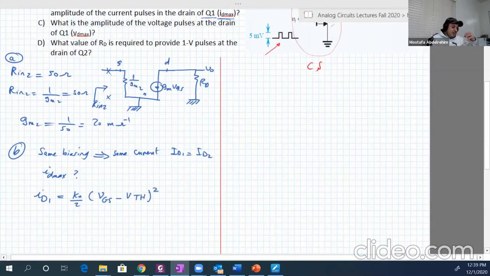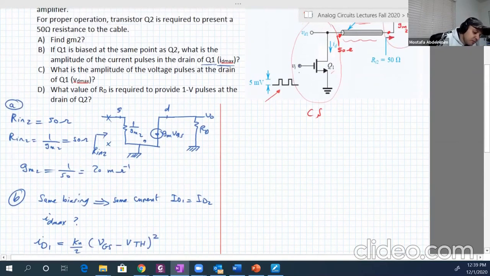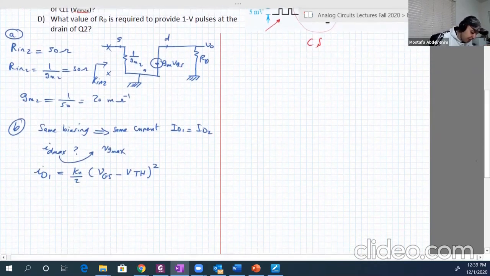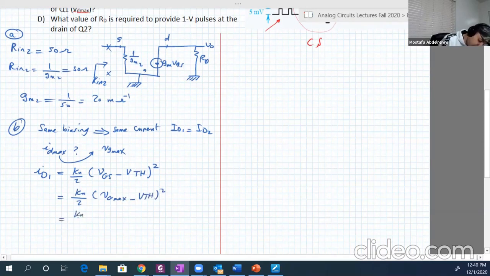Remember, it's required in that question here ID maximum. ID maximum will happen when the voltage at the gate goes to maximum. So this happens at VG maximum. Remember here VS is equal to 0 all the time in AC or DC. So this is equal to Kn over 2 times (VG maximum minus V threshold) squared, which equals Kn over 2 again.